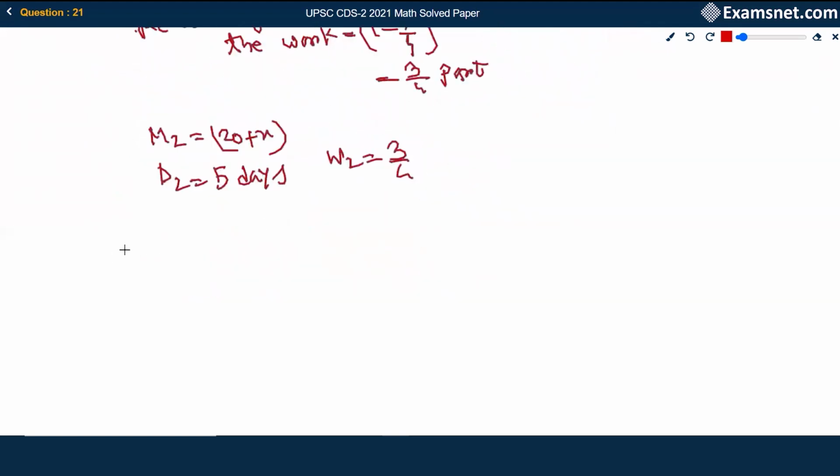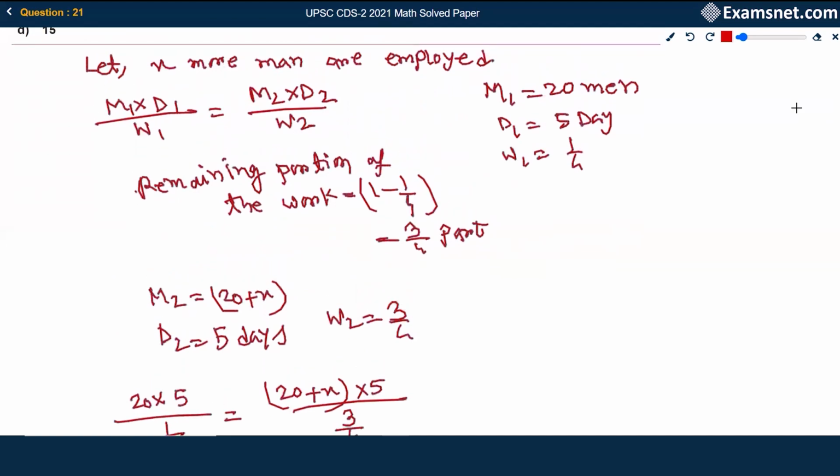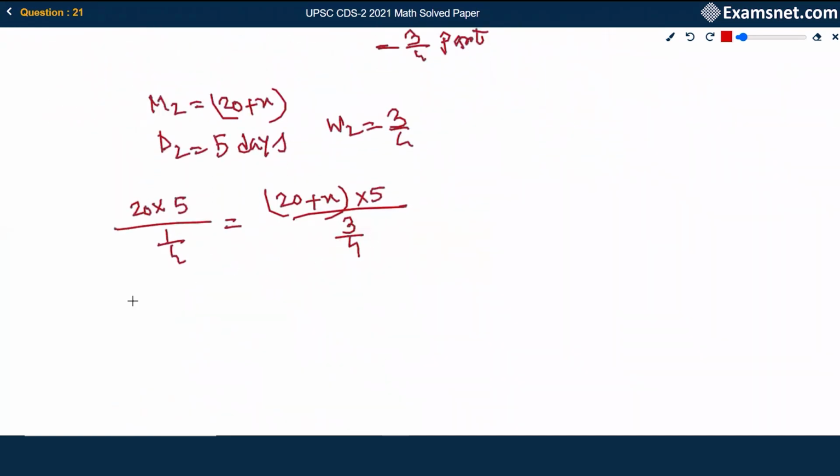So now we are going to use the formula as 20 multiplied by 5 by 1/4, and 20 plus x multiplied by 5 by 3/4. That was the formula. We have put all the values.